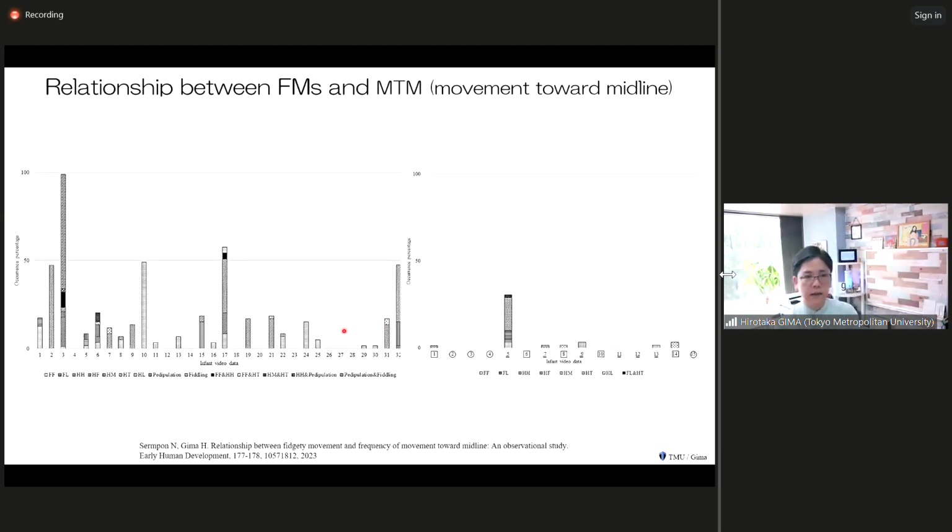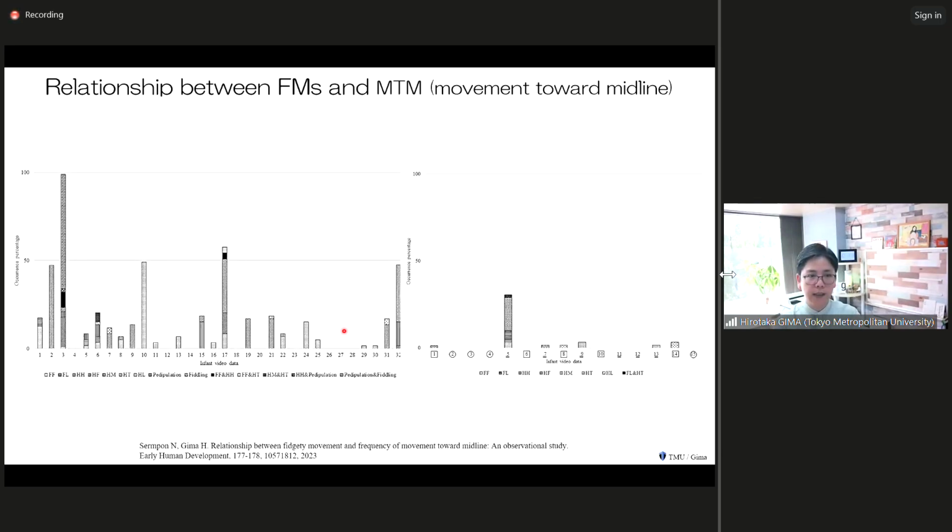Okay. There are other interesting findings. This study examines the relationship between the qualitative characteristics of fidgety movements and the frequency of MTM, movement toward midline.